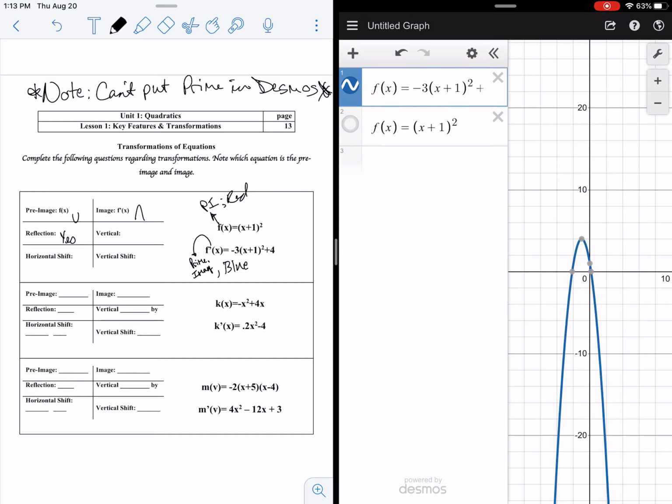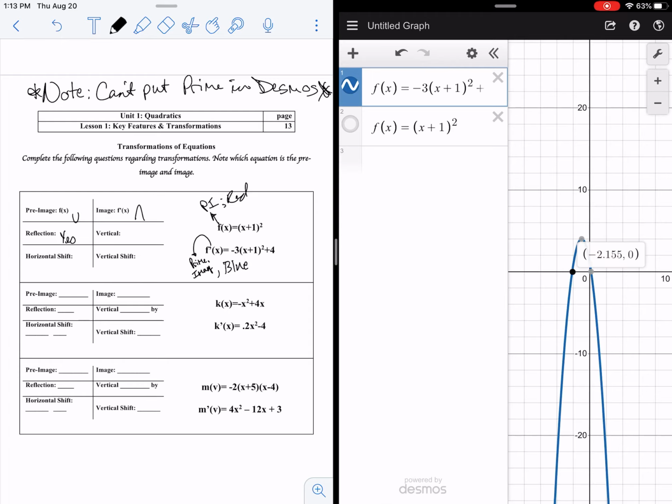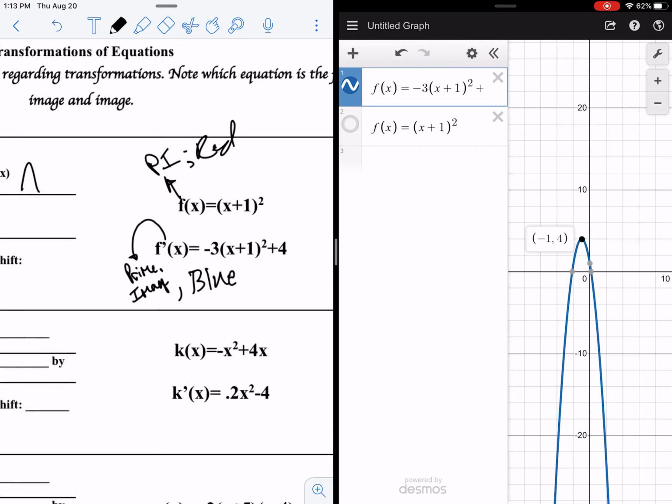I want to look at the blue one first, which is my image, and find its vertex. If my cursor is in that function line, it'll plot every key feature for me. That's why the vertex was so important. You're not the vertex, you're not the vertex, you are the vertex. So I'm going to make a note of it.